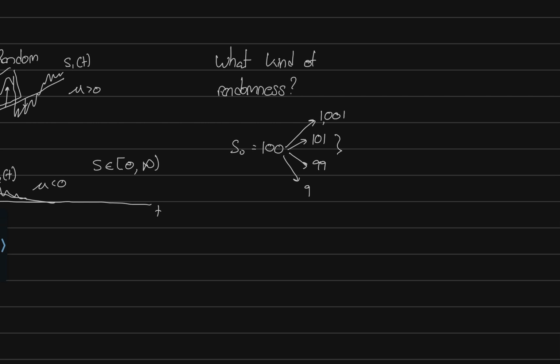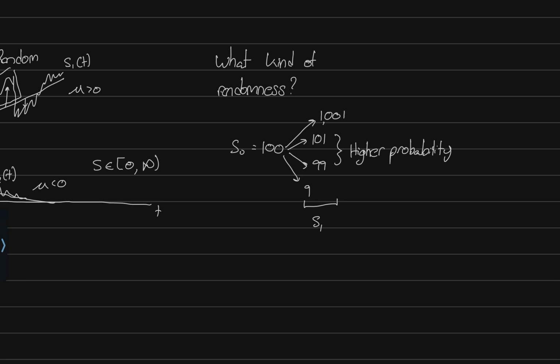So we know that just by looking at the stock market that these have a higher probability of happening. And let's say these are the stock prices at S of 1. And the time increment, let's say, is in days.